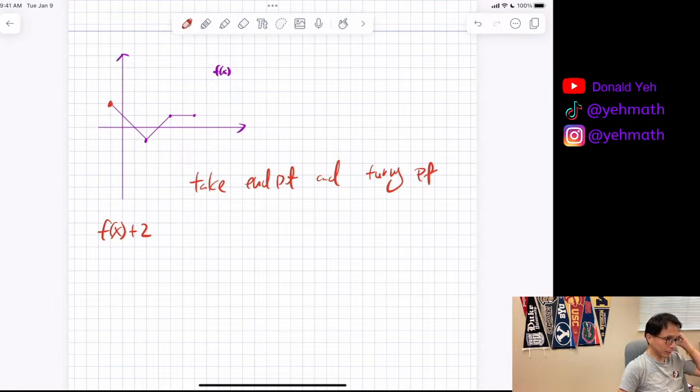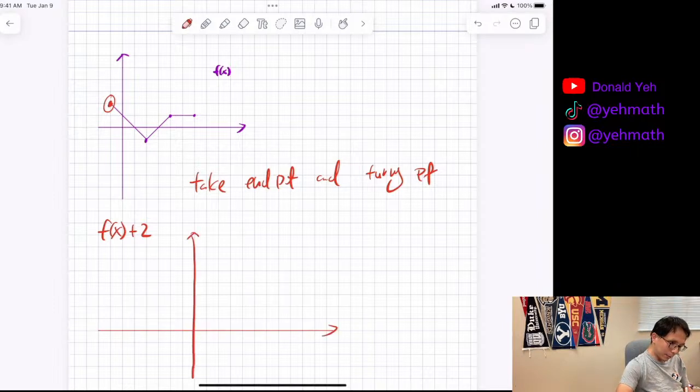So I'm going to take this value right here and move according to the transformation. Does that make sense? So if I take that, that's at -1, 2. That's going to go up 2 units. Is that okay?